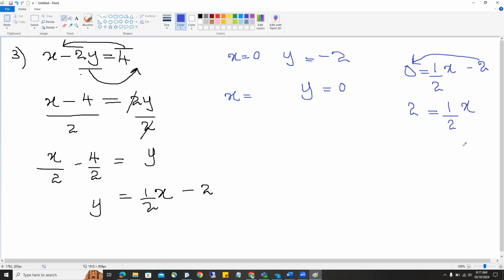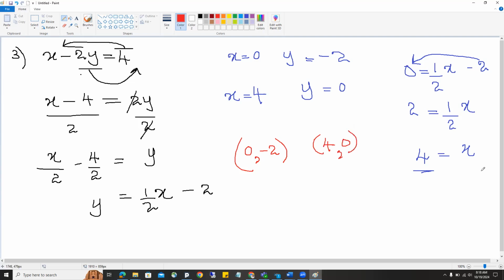So x is equals to 2 times 2, that is 4. So what are the coordinates? One coordinate is 0, minus 2. The other coordinate is 4, 0.